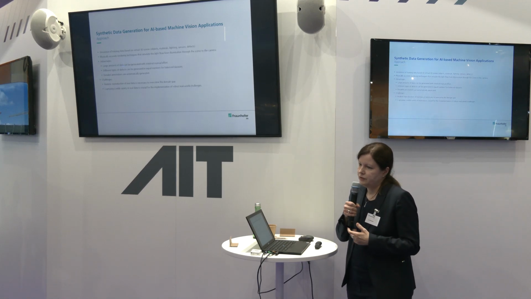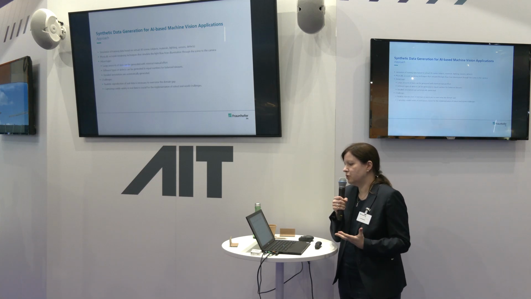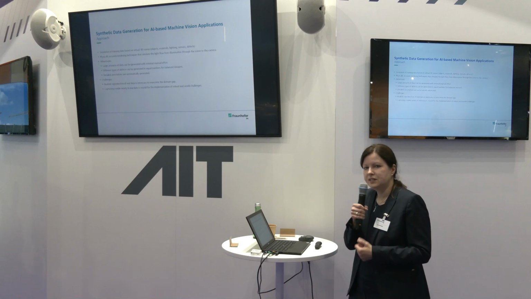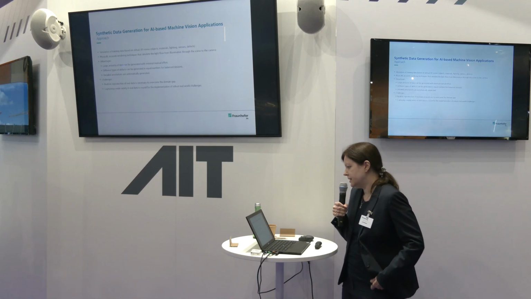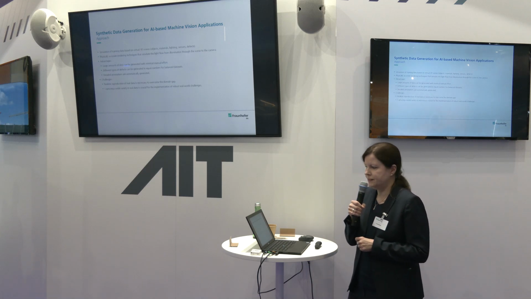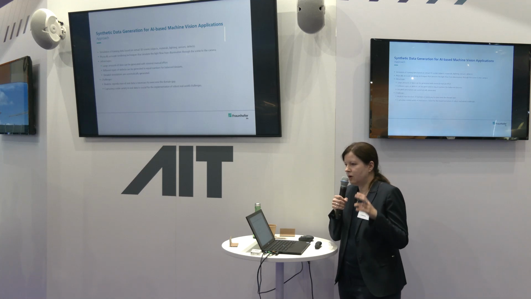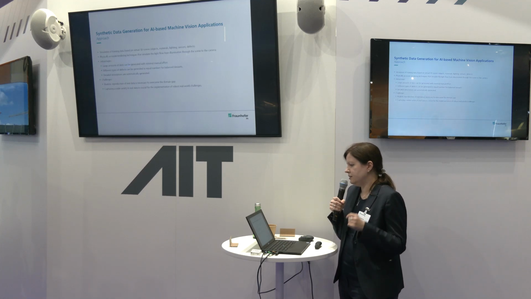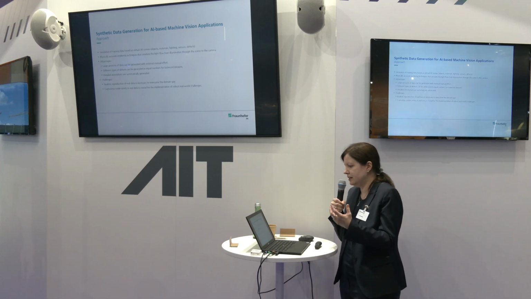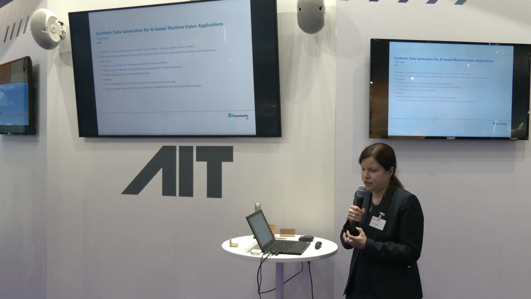So to overcome these challenges, an approach we use is we simulate training data, based on virtual 3D scenes. This means we have our objects in the 3D scene, we have its material, we have the camera system, the lighting, and of course the defects on the object.